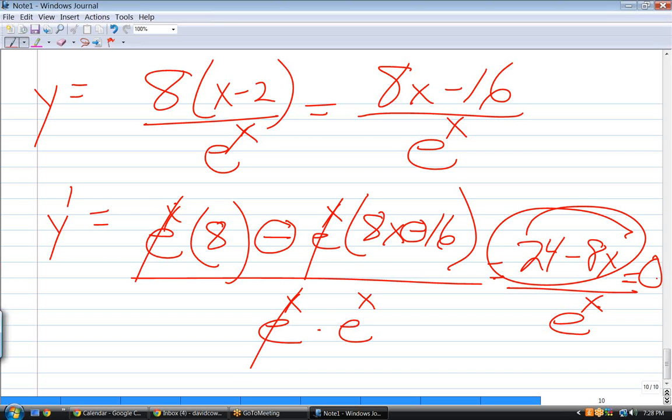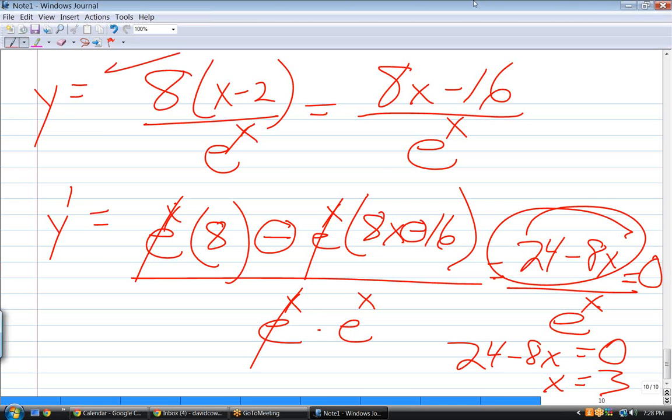Well, e to the x times 0 is still 0. So I end up with 24 minus 8x being equal to 0. Solve for x, you get x equal 3. So at x equal 3, the tangent line to this curve is horizontal. Okay, that makes sense.